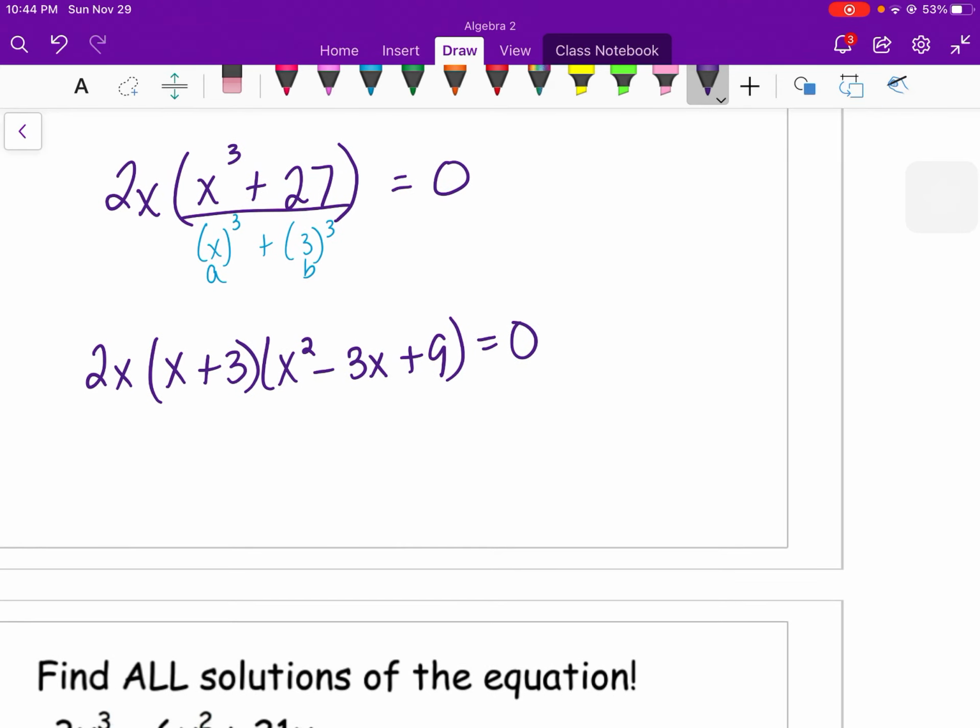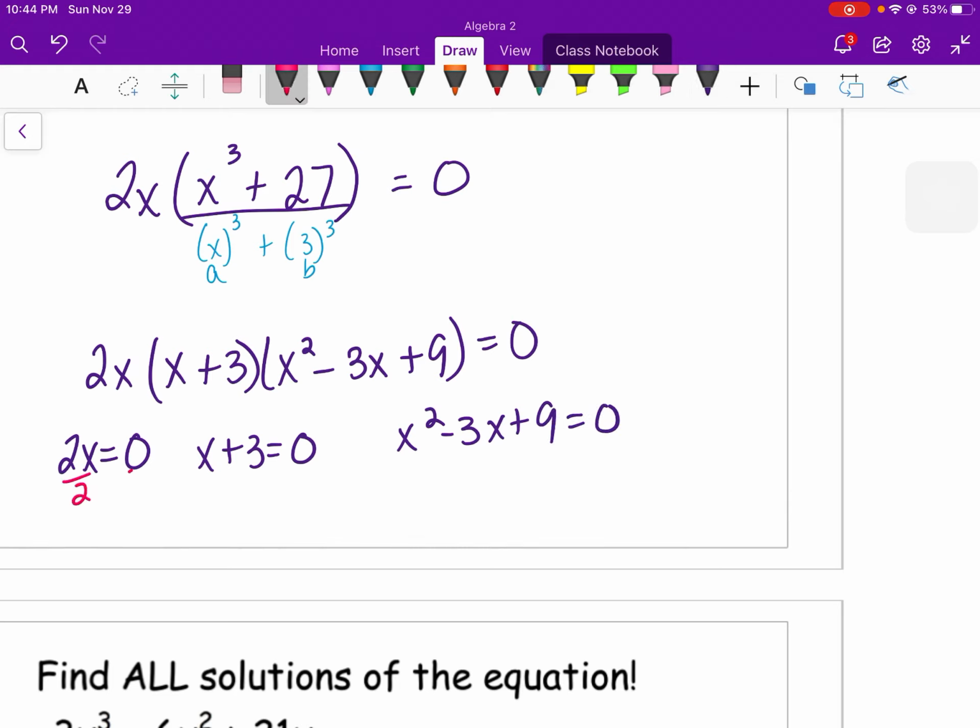Okay, then you're down to quadratics, so set each factor equal to 0 and solve. 2x equals 0, x plus 3 equals 0, or x squared minus 3x plus 9 equals 0. So for 2x equals 0, divide by 2, we get x equals 0. For x plus 3 equals 0, subtract 3, get x equals negative 3.